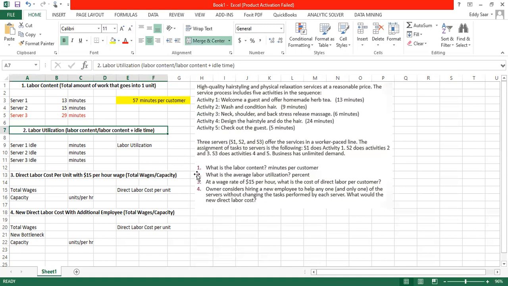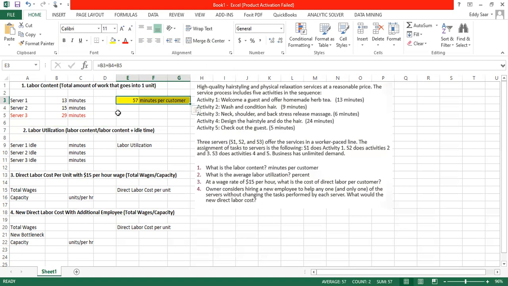The second problem is, what is the average labor utilization in percentage? Labor utilization is the labor content divided by the labor content plus idle time. We found the labor content in the last problem, 57 minutes, and now we have to find the idle time.